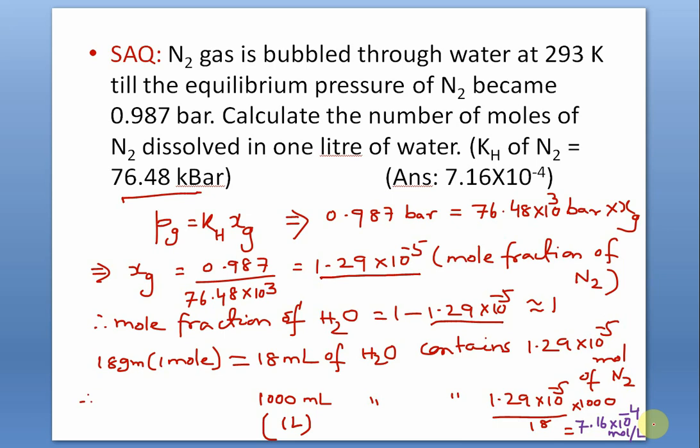In mole fraction, if gas is so negligible, then water is almost equal to 1. Taking that to our advantage, and that the mass of water is the same as its volume, because the density will not change at all in such a dilute solution, 18 gram is equal to 18 milliliter. Taking this approximation, we got the molarity of the gas, that is, solubility expressed in molarity.